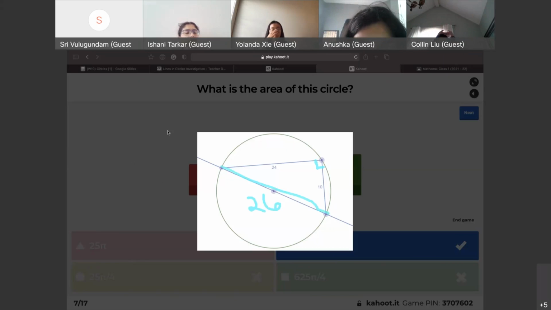So 26 divided by 2 is 13, and then you should have squared that and multiplied it by pi, and you would have gotten 169 pi as your answer. However, this question was messed up. So, yeah, that's why everyone got it wrong. This is stupid.